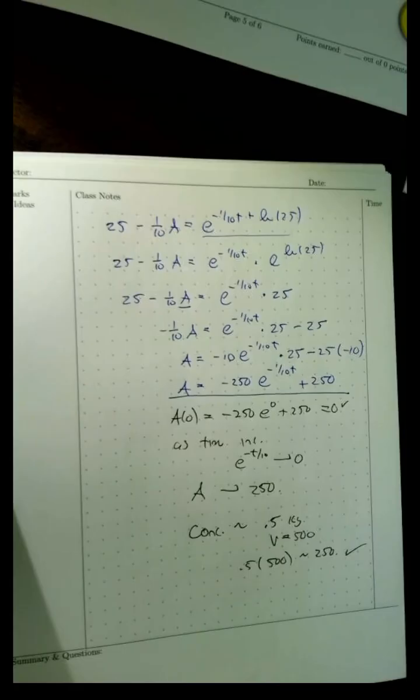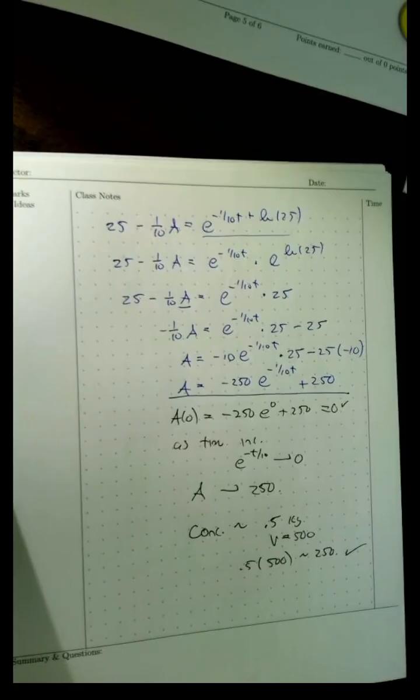Now if I take the exponential of both sides, then e to the log is just going to be this thing. So I'm going to get 25 minus 1/10 A equals e to the minus 1/10 t plus log of 25.